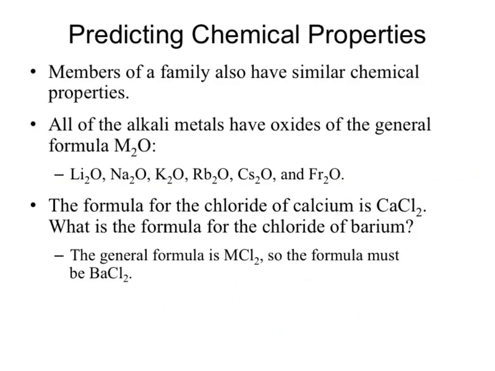It doesn't hold true just for oxygen. It holds true with any compound that we can take a look at. So for instance, this is a question that you could see on the test as well. The formula for the chloride of calcium is CaCl2. What is the formula for the chloride of barium?